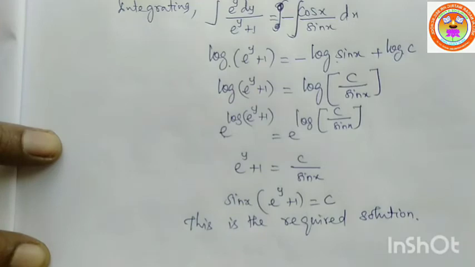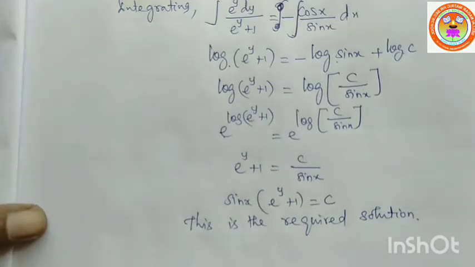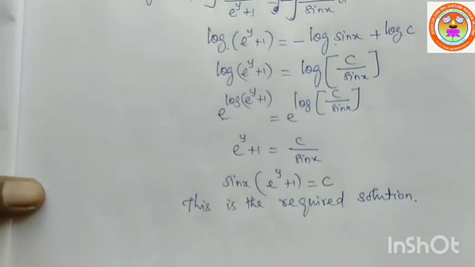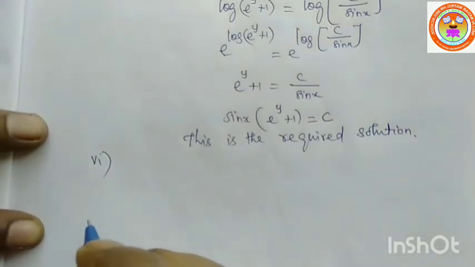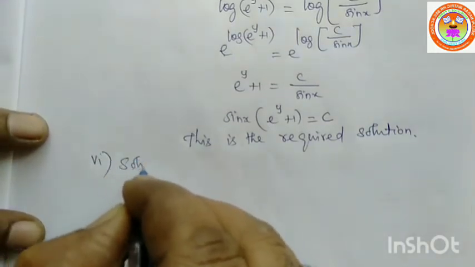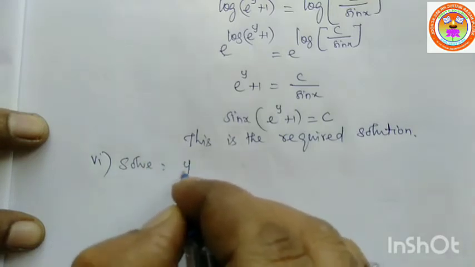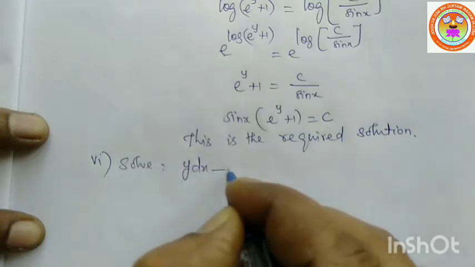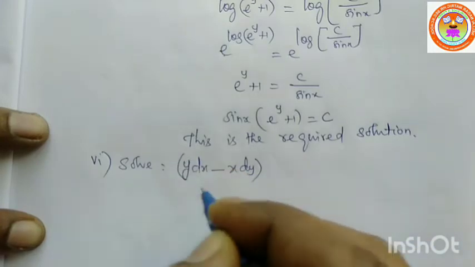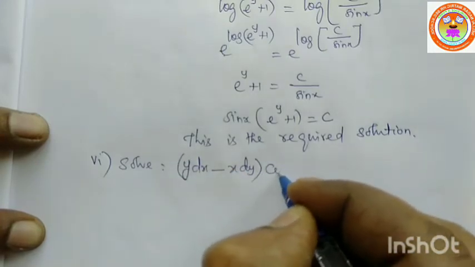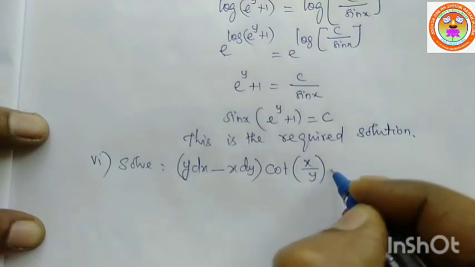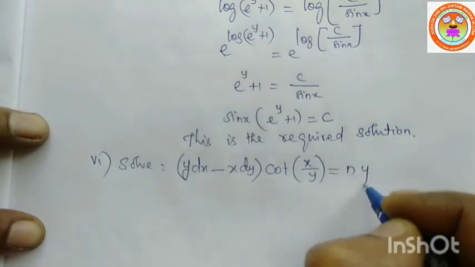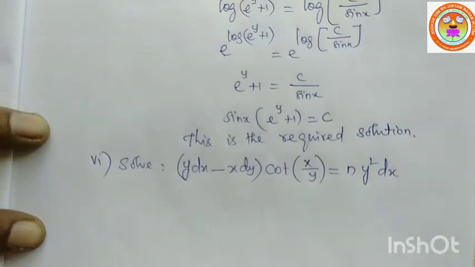Now we can move on to the next subdivision, that is subdivision 6. The question is, solve y dx minus x dy into cot of x by y is equal to n into y square into dx.